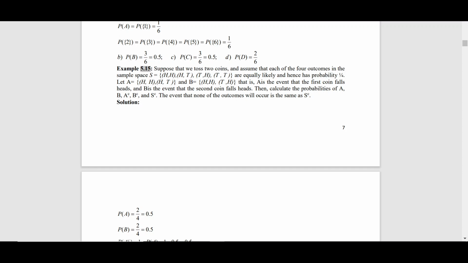Example 5.15. Suppose that we toss 2 coins, and assume that each of the 4 outcomes in the sample space S equals {HH, HT, TH, TT} are equally likely and hence has probability 1/4. Let A equals {HH, HT} and B equals {HH, TH}, that is, A is the event that the first coin falls heads, and B is the event that the second coin falls heads.